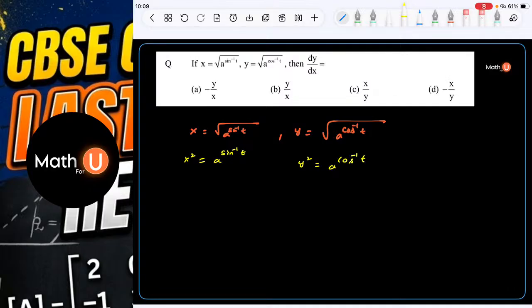To simplify further, I will take log with the base a on both sides.